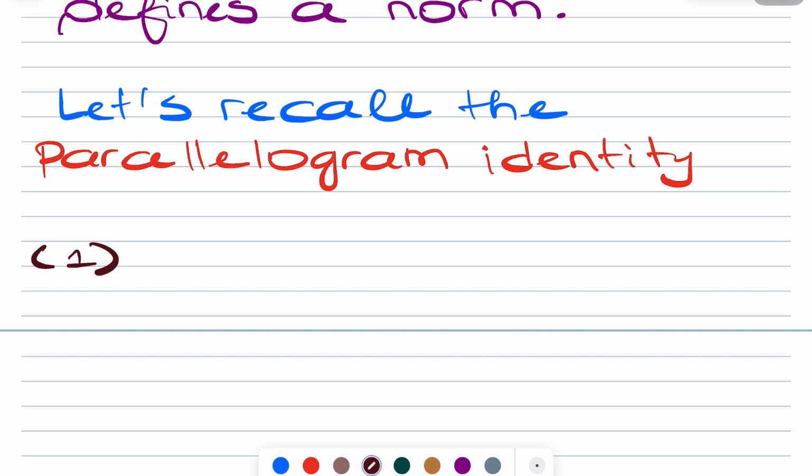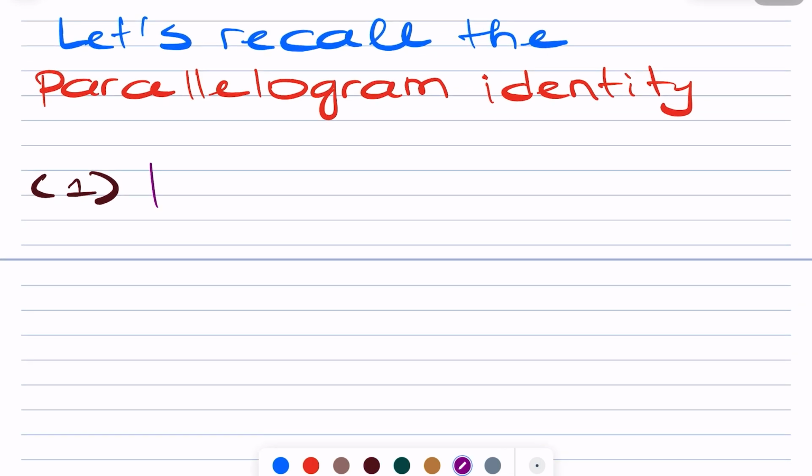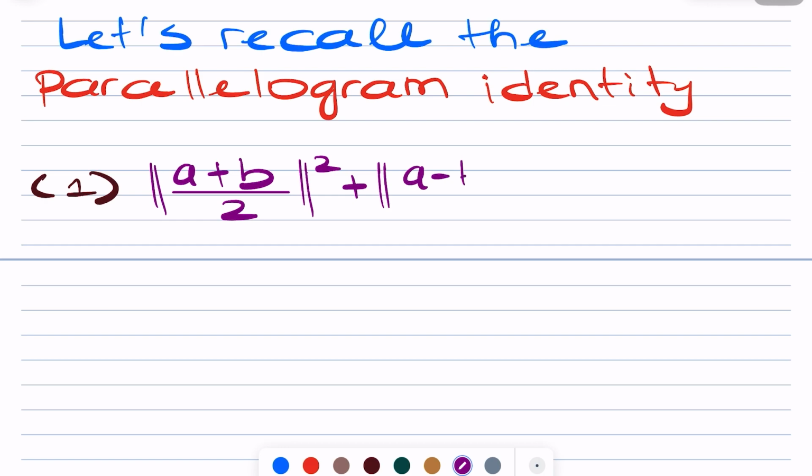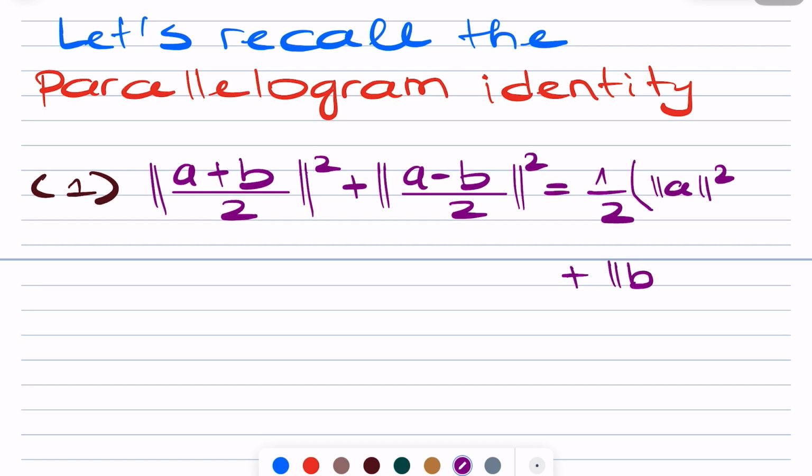So it says that the norm of A plus B over 2 squared, plus the norm of A minus B over 2 squared, is equal to 1 over 2 times the norm of A squared plus the norm of B squared.